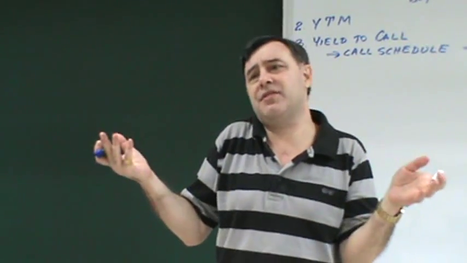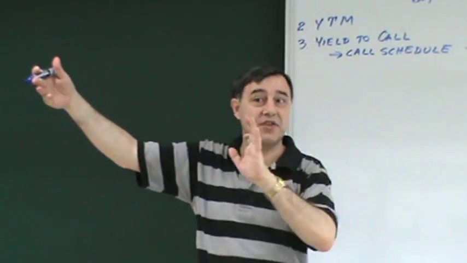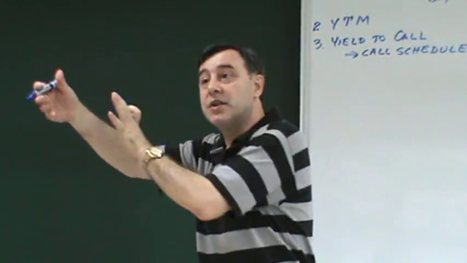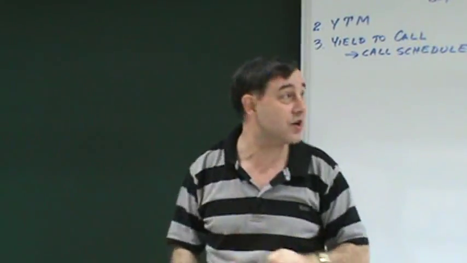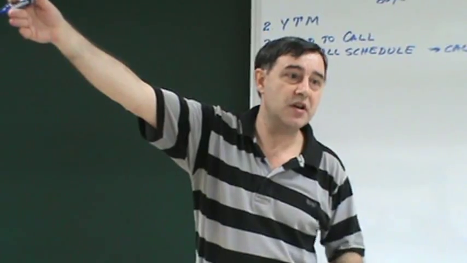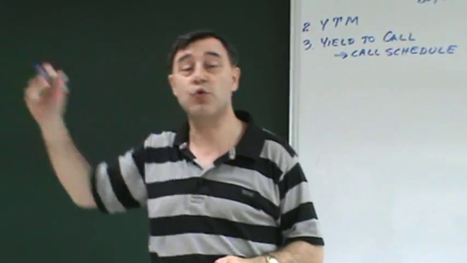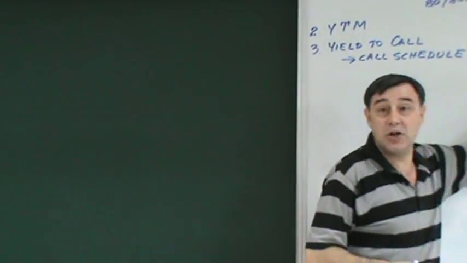So I'm just giving an example. If it's a 10-year bond, after year 5, you can call the bond one time a year. So this is going to be January 1, 2016, 2017, 2018, 2019, 2020. It's going to be each call date.